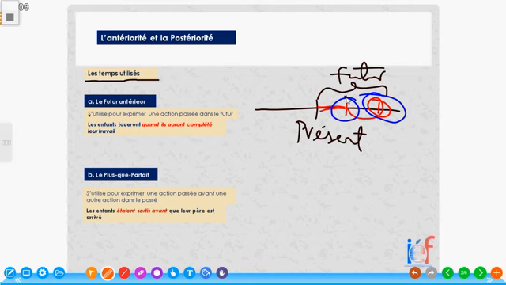Now, plus-que-parfait. I want to believe that you've also seen plus-que-parfait. Plus-que-parfait is like the opposite of futur antérieur, because plus-que-parfait is now in the past.